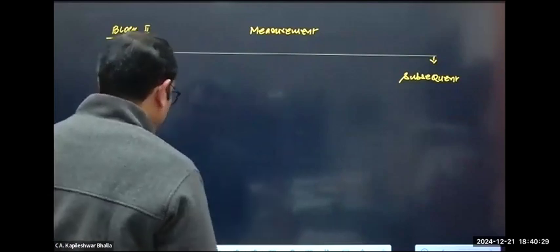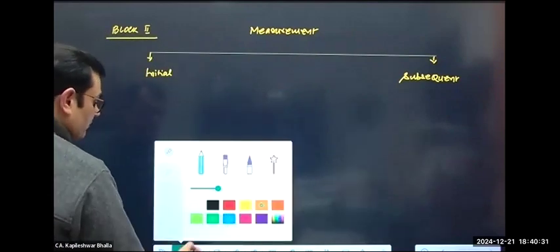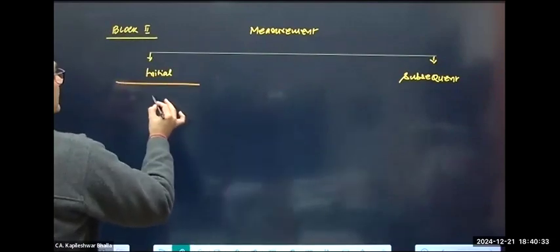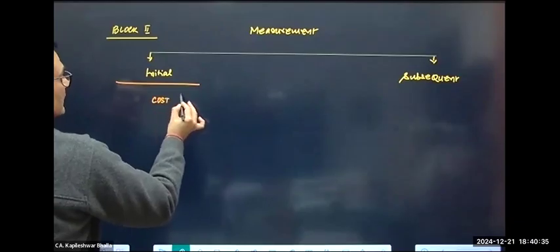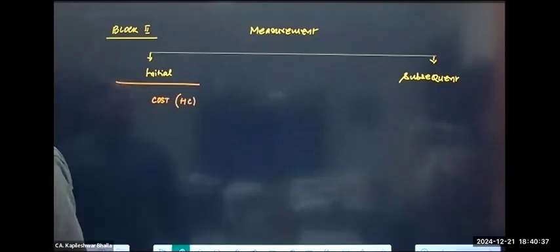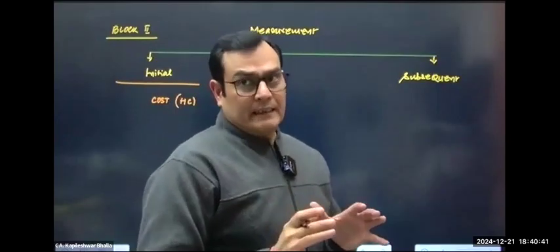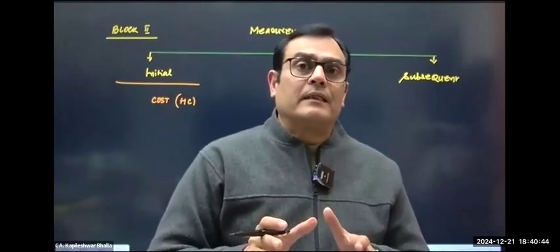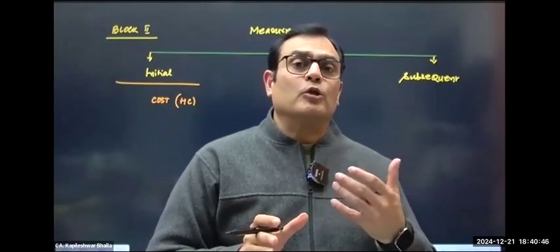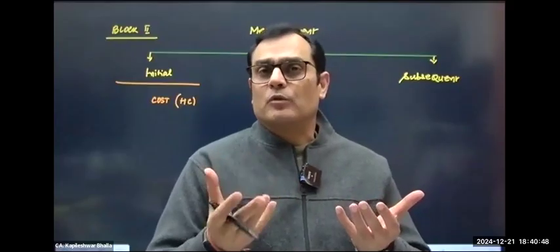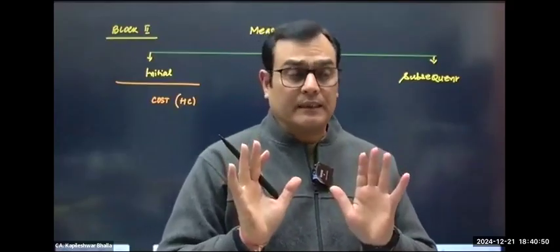One thing is very clear: initial measurement is always taken at cost, and this cost means historical cost. When you say it is taken at cost, we need to be clear about what is included and what is excluded in the cost, but we'll discuss that later.